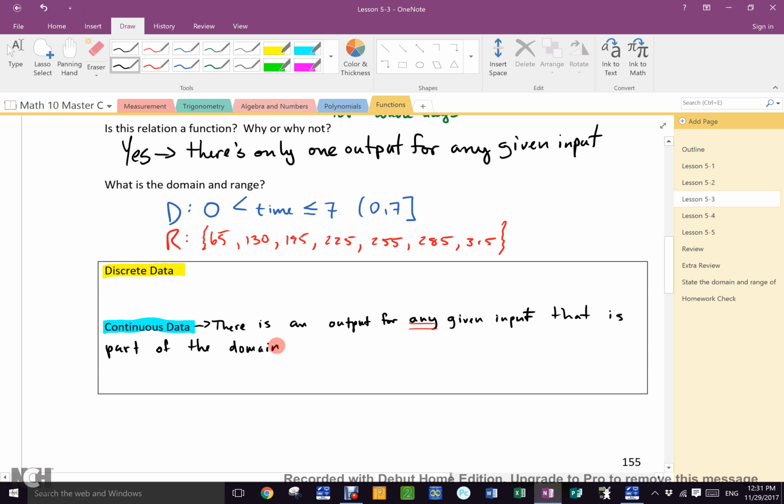No matter what fraction I put, if the number is between 0 and 7, can you tell me how much I am renting the car for? Therefore, it is continuous. Is everybody with me? Everybody cool? Okay. So what must discrete mean then?